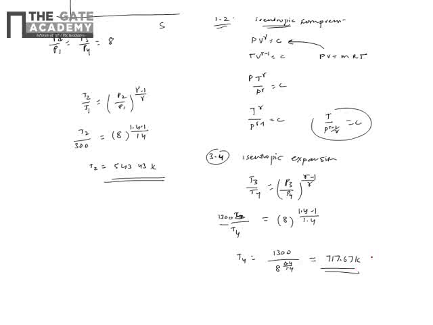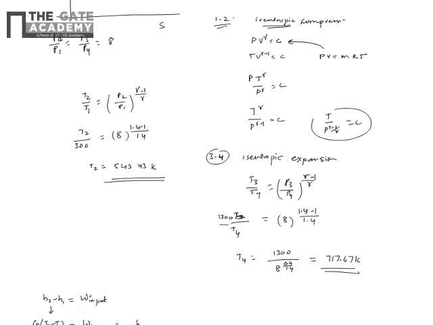Now I have the temperatures, and if I apply the steady flow first law, H2 minus H1 is the work input given to the compressor, and H2 minus H1 is Cp times (T2 minus T1) because of the ideal gas assumption. So that is the work input.